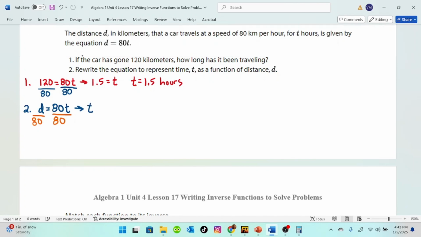And now we have an equation that is written to solve directly for time, using distance as the input. This is the inverse of the original equation that was given to us. So by knowing how to write the inverses, we can set up an equation to solve for either variable as the output when we know one of the variables as the input.